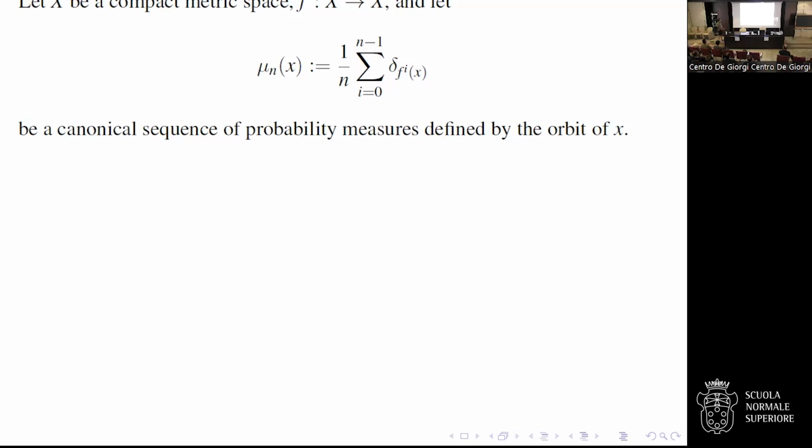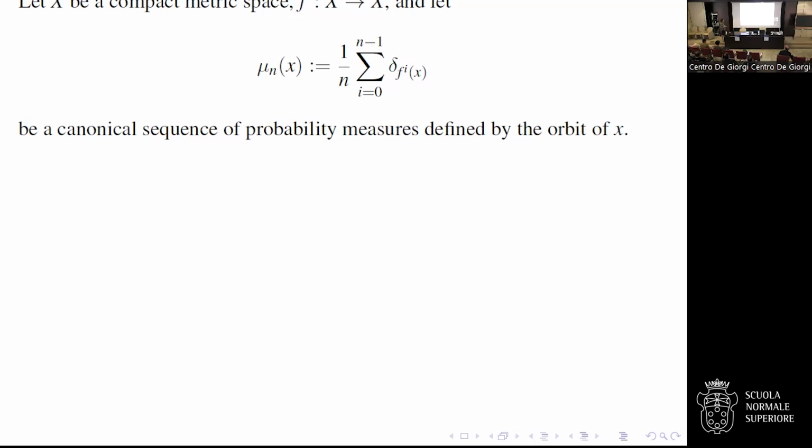So this is using measure theory just simply to describe the initial part of the orbits. And this is a sequence of probability measures. It's a sequence. So as n increases, of course, you're taking longer and longer pieces of orbits. So this probability measure is shifting according to where the orbit is spending a lot of time.